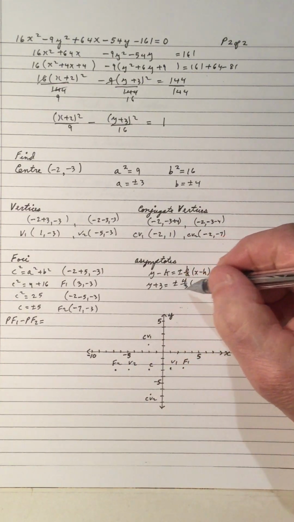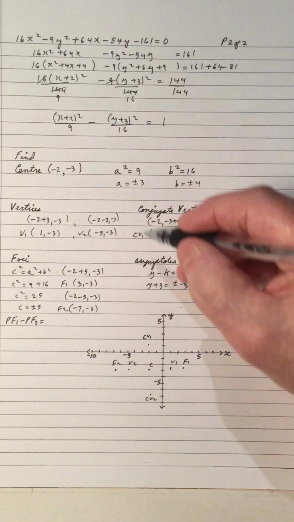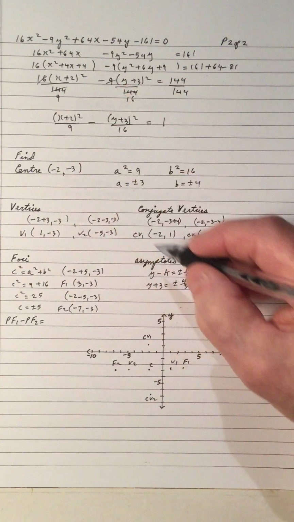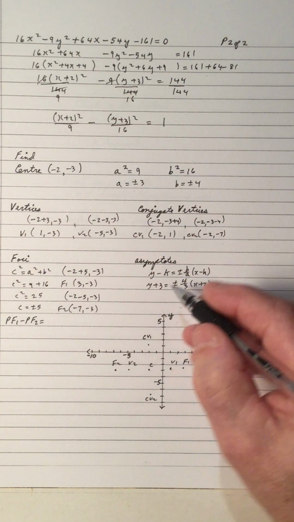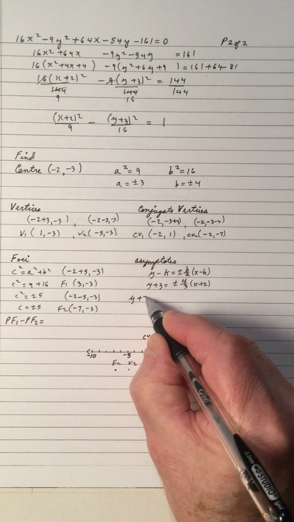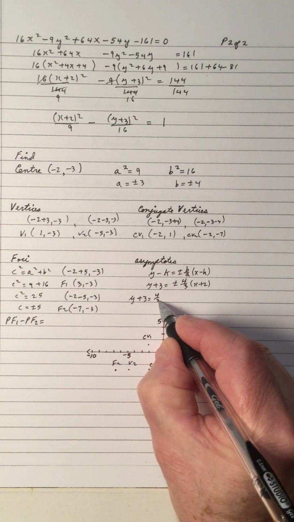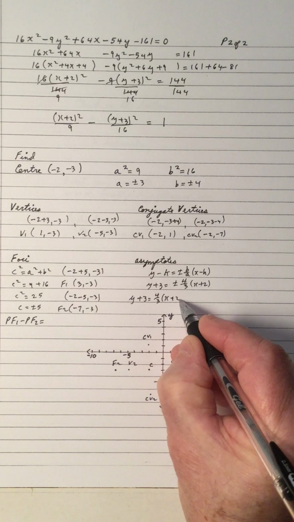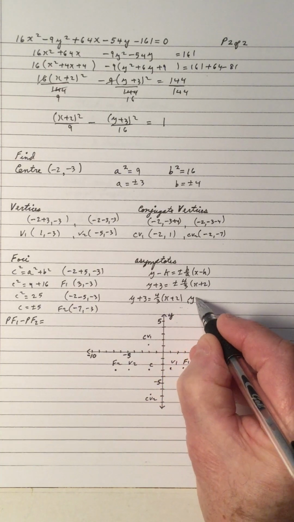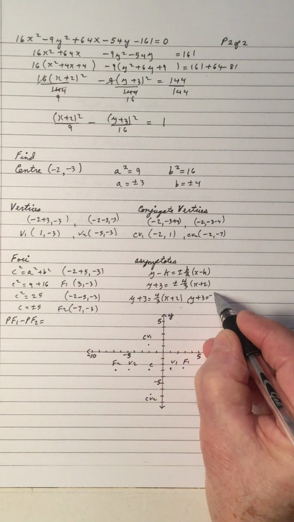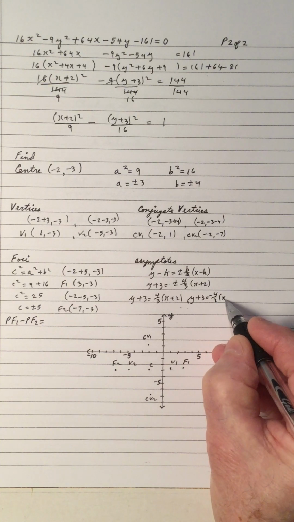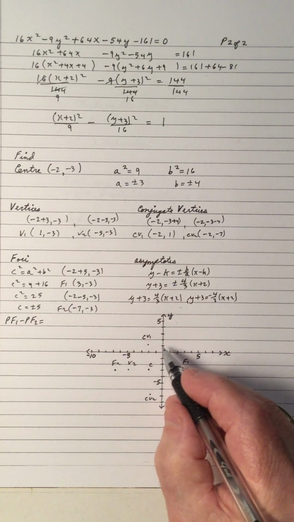And notice that these, y plus 3, y plus 3, x plus 2, x plus 2. And so there's 2 of them. One is positive, and the other one is negative. So let's graph the positive one.